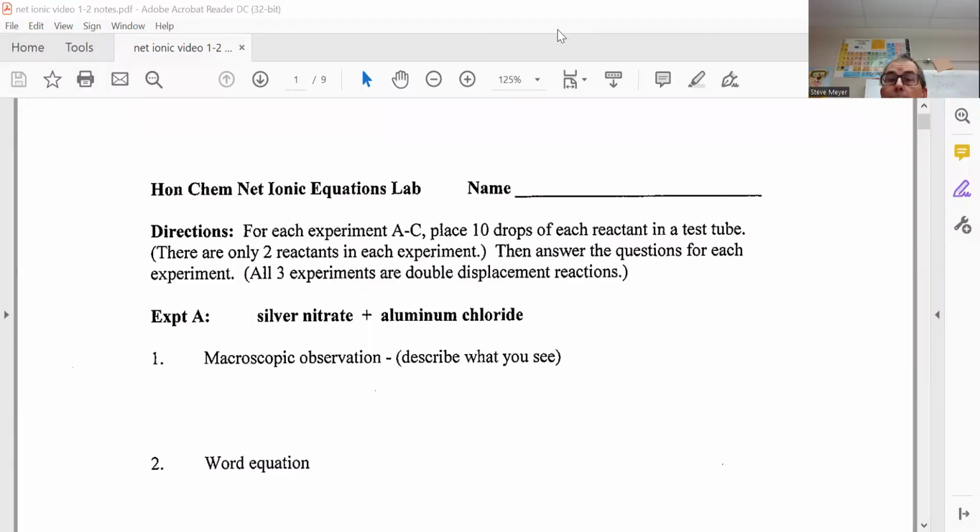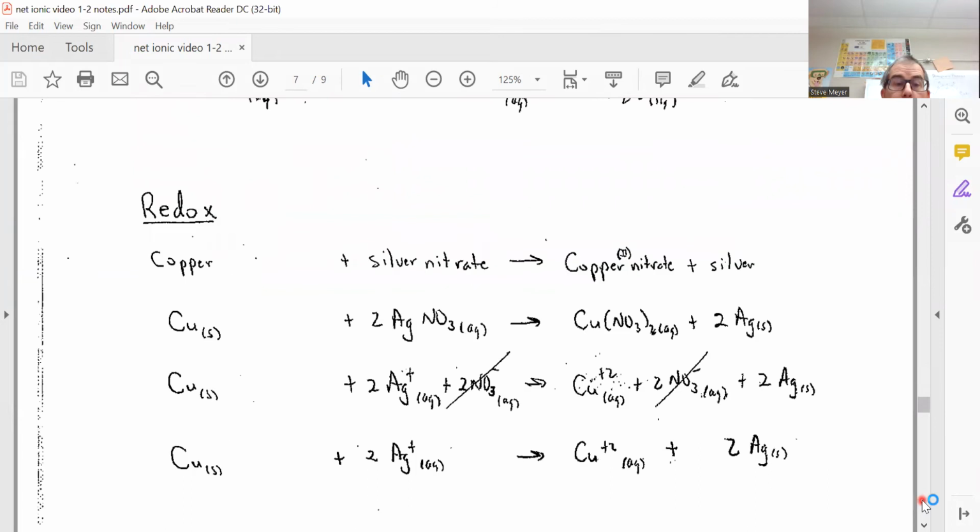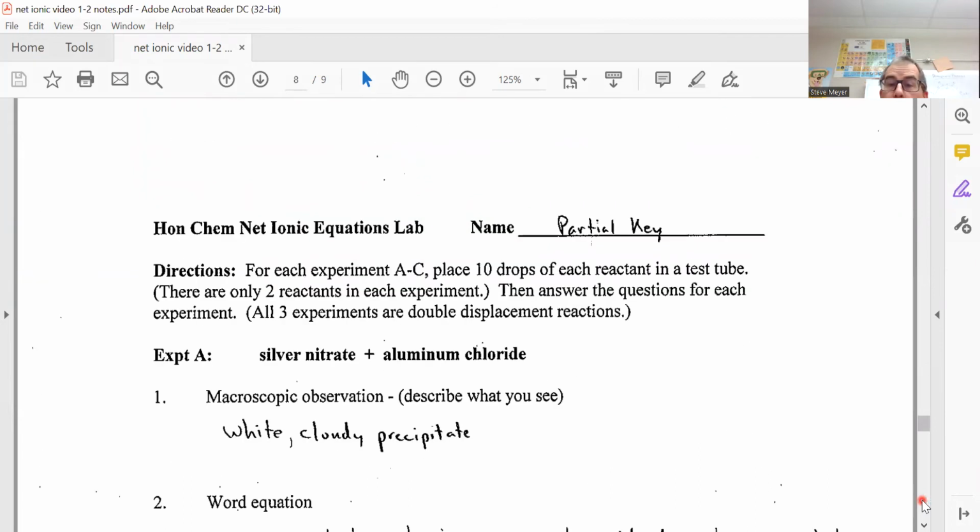All right, let's go back and take a look at a couple things for processing this. I'm going to go back to my screen share, bring up a marker, and kind of cheat by going to the partial key, which is in Schoology. It says it's a white cloudy precipitate, which it was, and then I had it settle to the bottom.